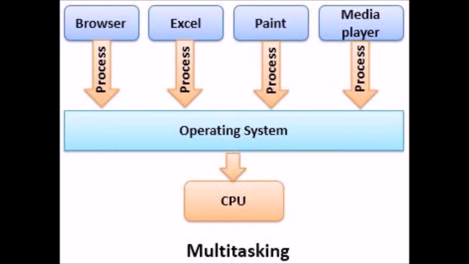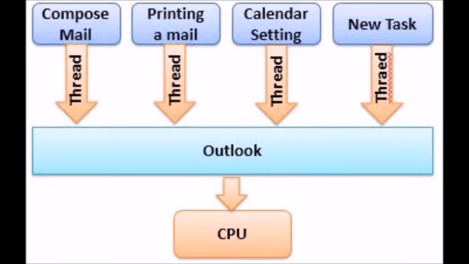It is similar to multitasking operating system, but the only difference is that multitasking operating system performs different tasks at the same time, whereas multithreading uses different software resources at the same time. Multithreading can delay the execution response of certain processes.